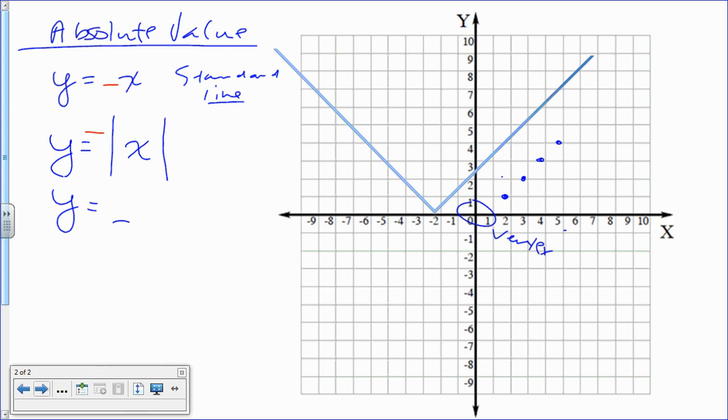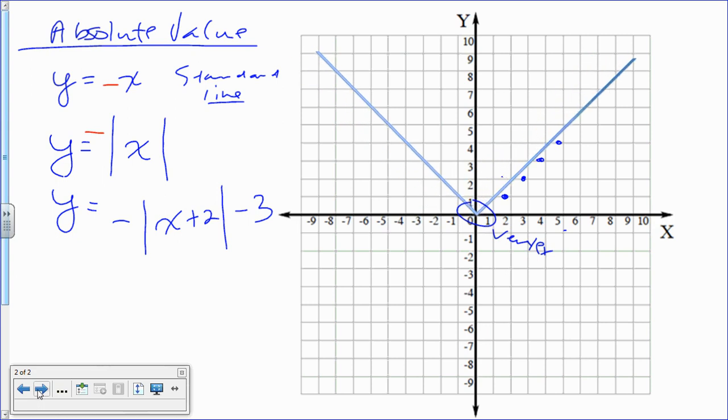Okay, so there's a full equation. What's going to happen? Start at the origin, right? Start with your parent graph. What's the first thing it's going to do? It's going to flip. Is my slope going to stay the same?